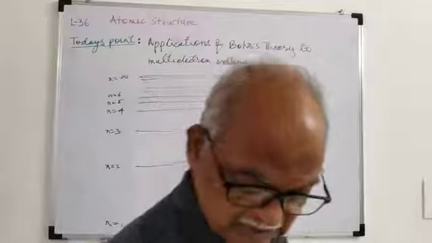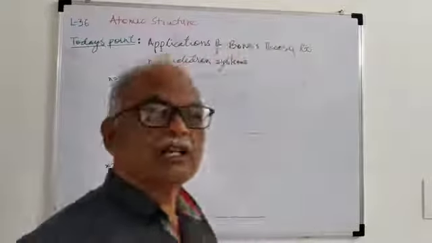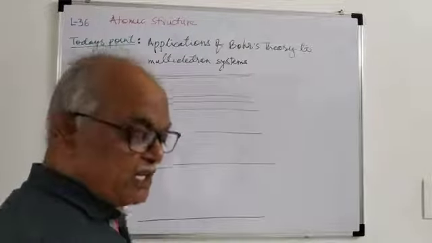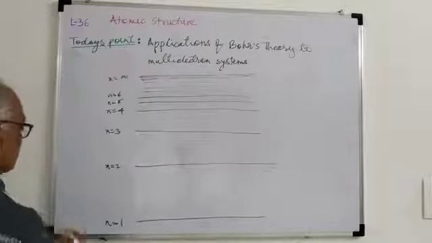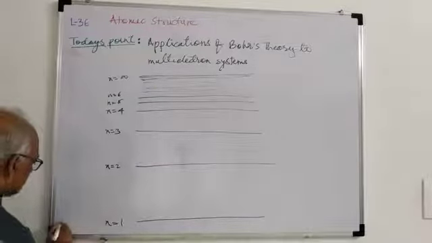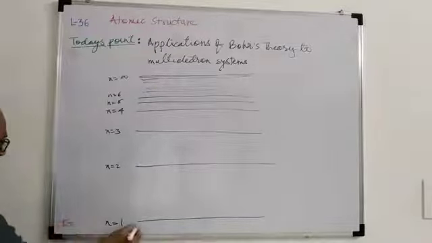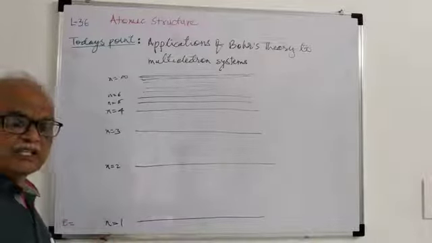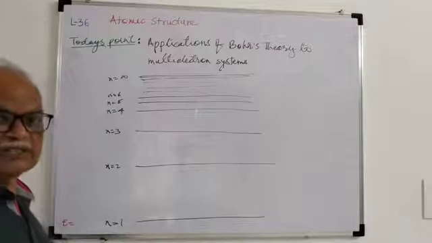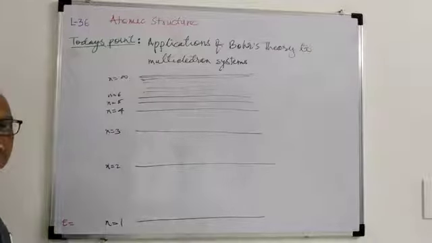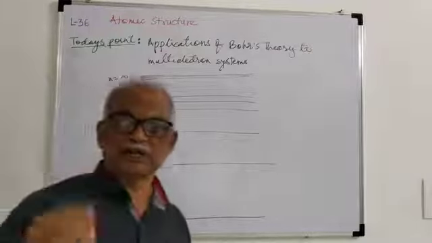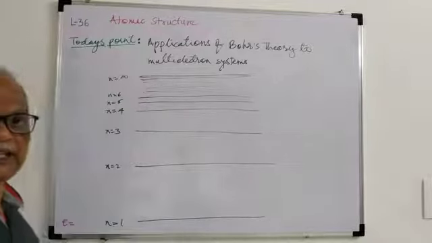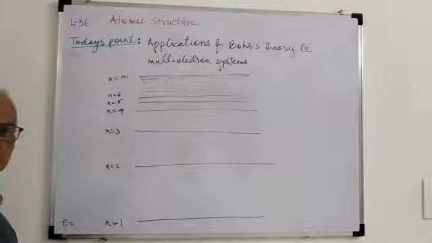The energies obtained according to Bohr's theory come from the energy equation: E equals the Rydberg constant for hydrogen, RH, into 1 upon n1 square minus 1 upon n2 square.